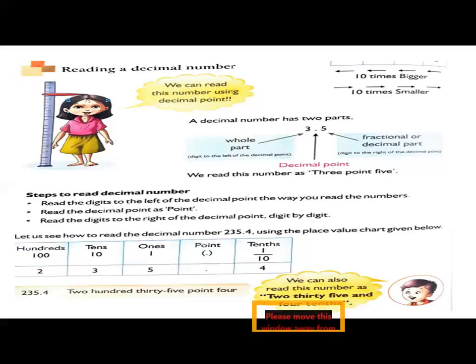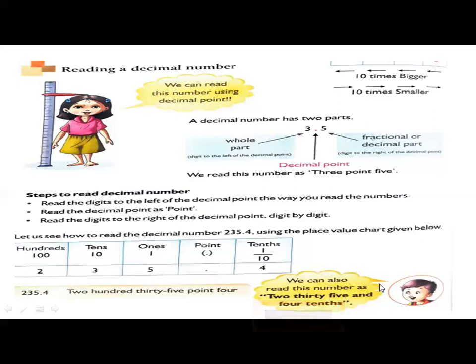So how to read? 235.4. You can also read as 235 and 4 10th.